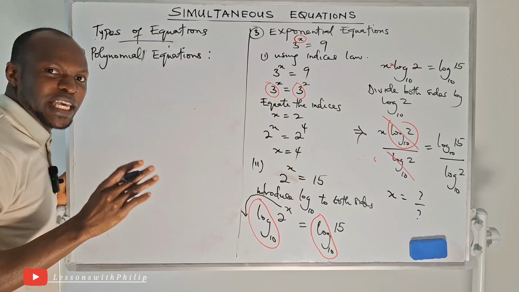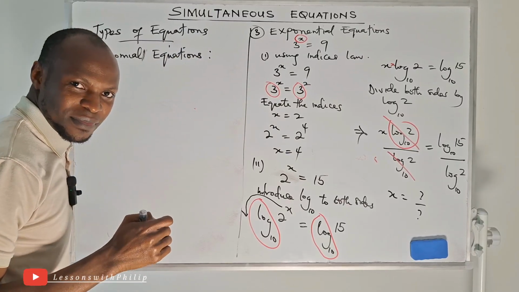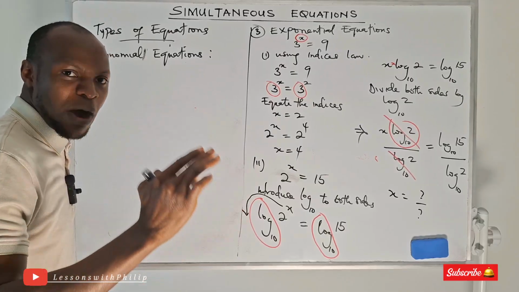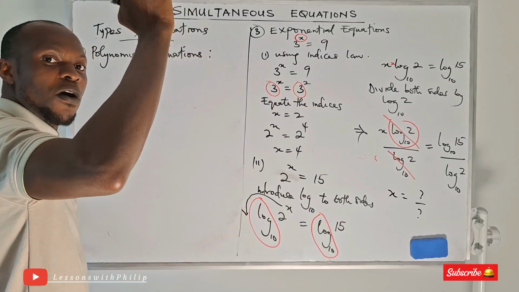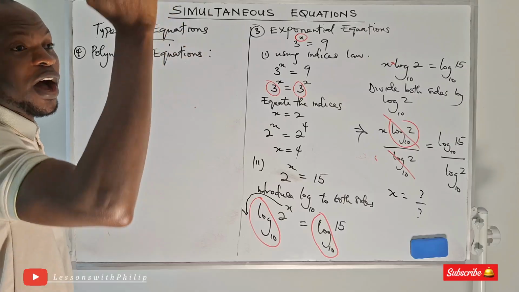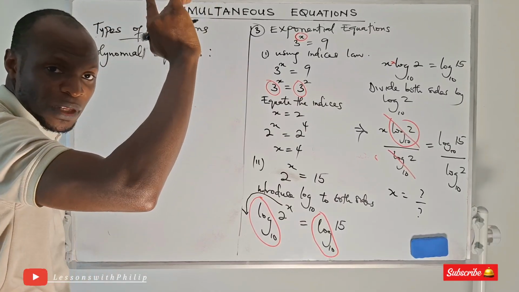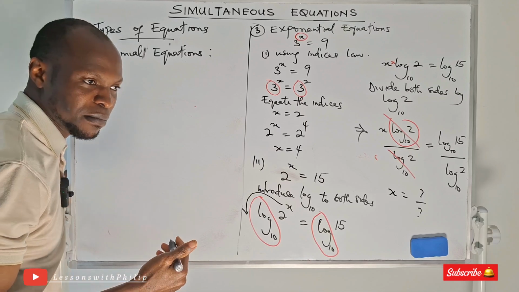Polynomial equations are equations whereby the highest power of the variable is 3, 4, 5, 6, as long as the variable has an exponent of 3 and above. Such an equation is known as a polynomial.